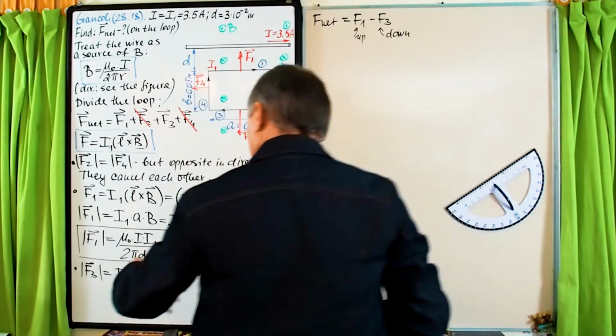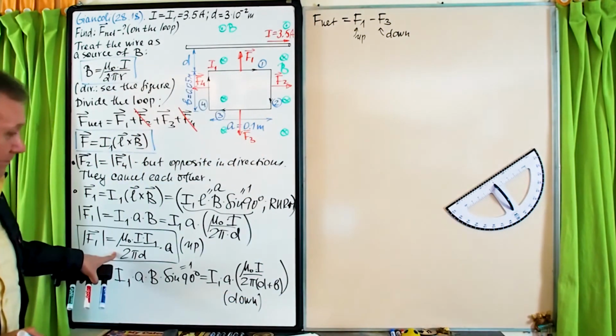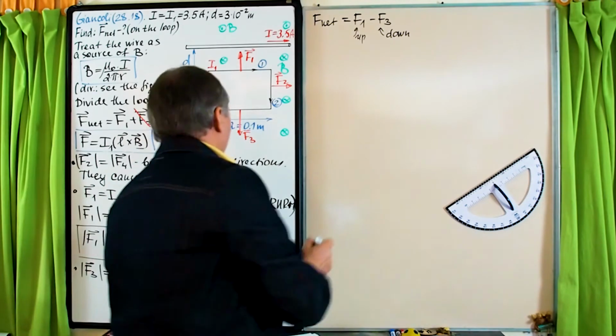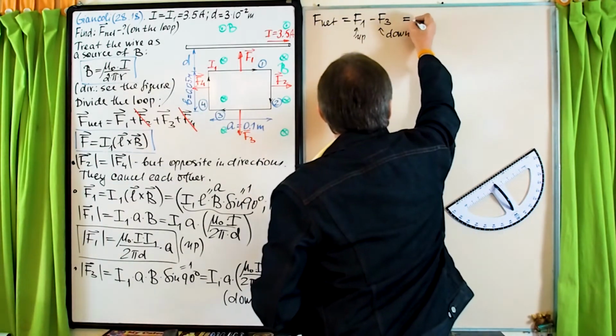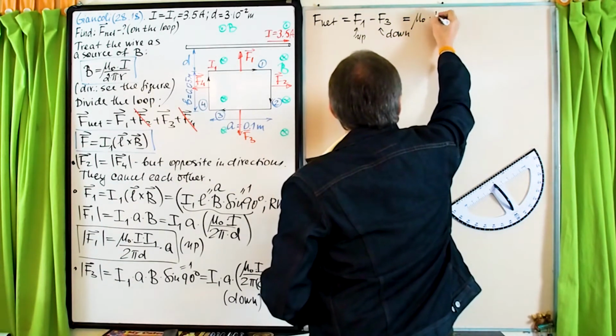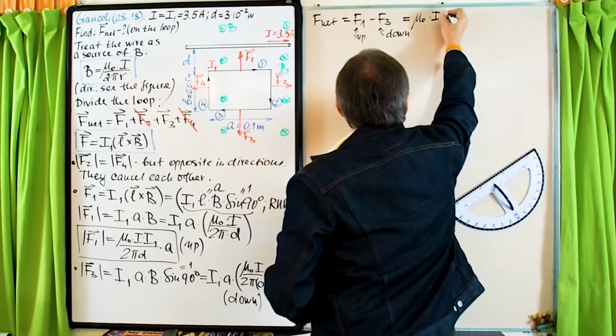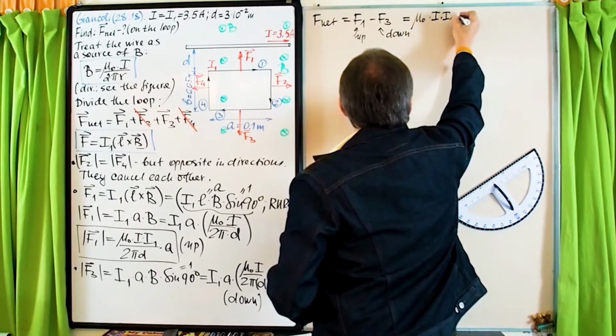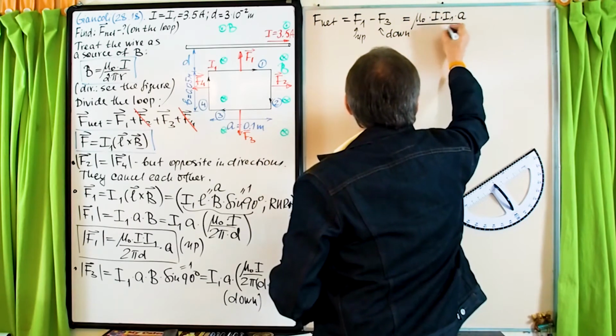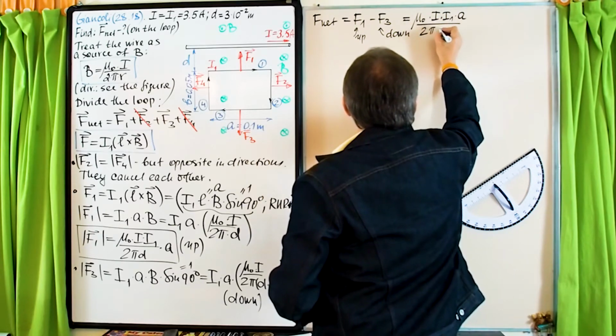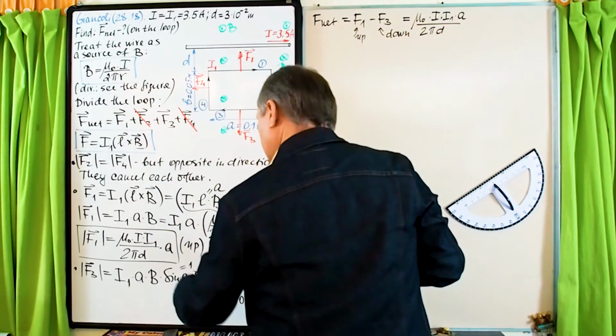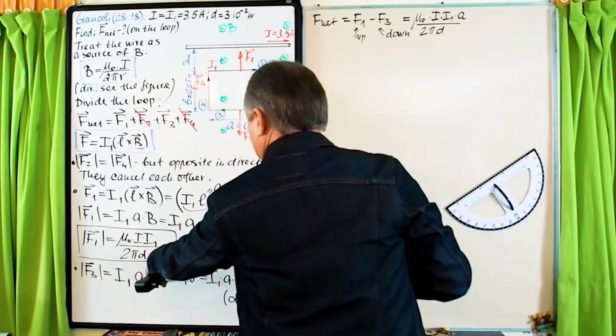Okay, and so that's F1. This is F3. So it will be mu naught I1 times A divided by 2 pi D. So that's what this is.